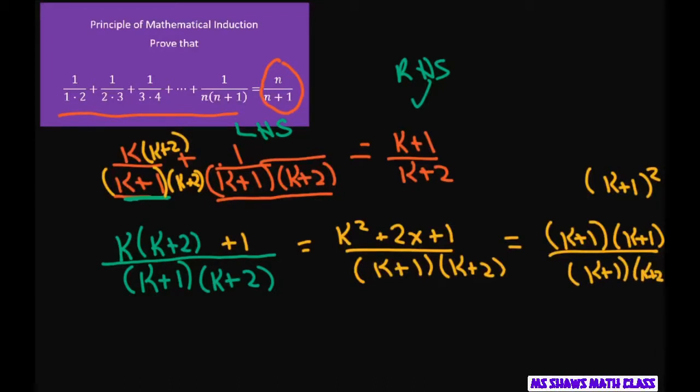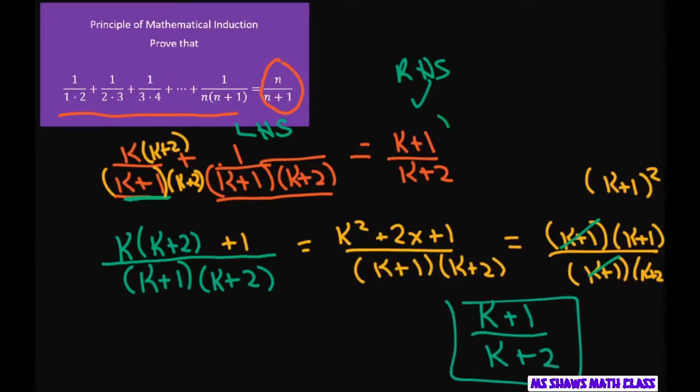Now these two cancel, and you get k plus 1 divided by k plus 2. So after simplification, it does equal the right-hand side. So that means we proved that it works for n equals k plus 1.